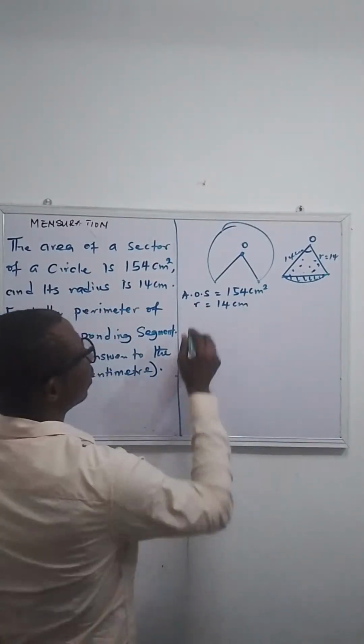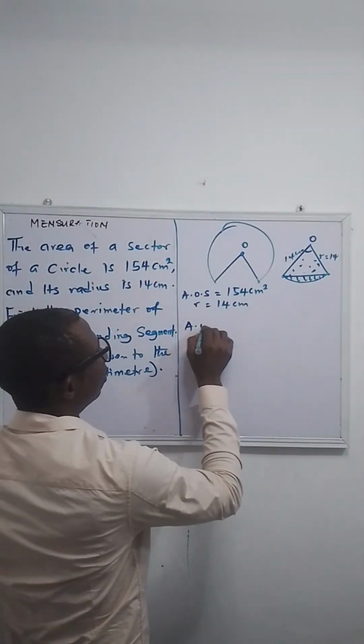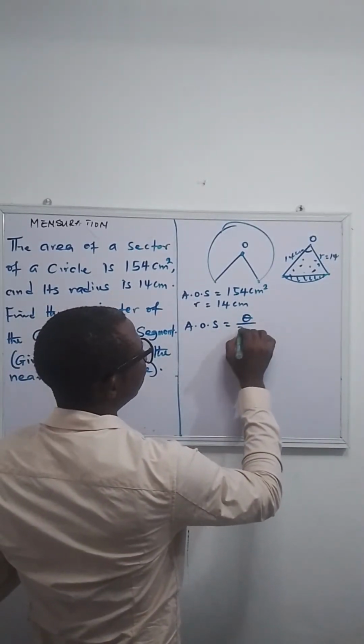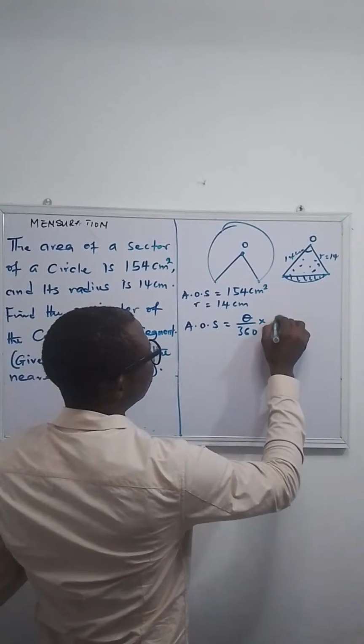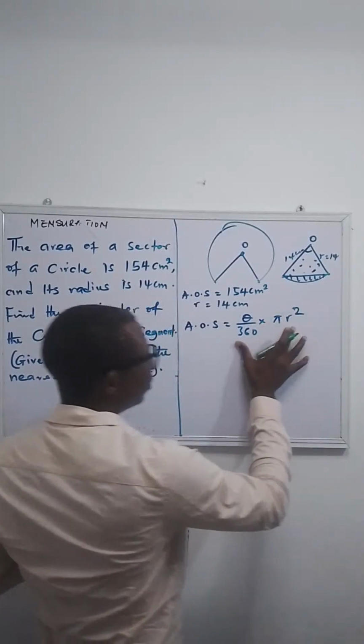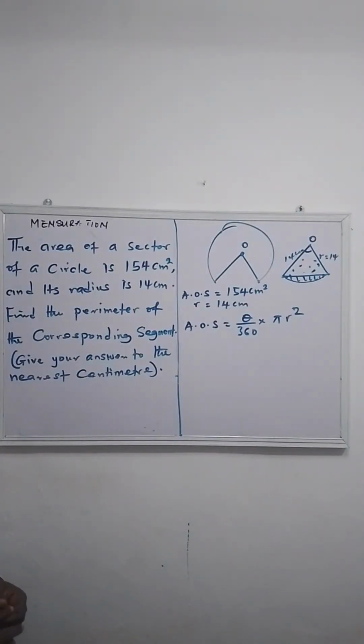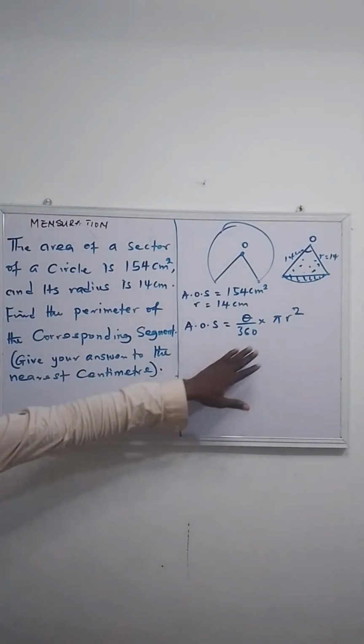So we have area of a sector equals theta over 360 times pi r squared. You can see the difference between the length of an arc and the area of a sector.